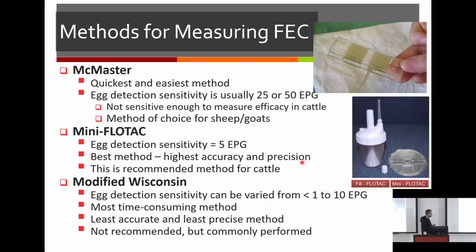The modified Wisconsin method is also there, but that method is a little bit time consuming, and the precision is not very accurate. That's why it is not a very recommended method for different labs, but some diagnostic labs use this method. The sensitivity is between 1 to 10 eggs per gram of feces.